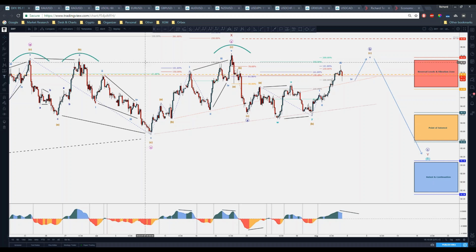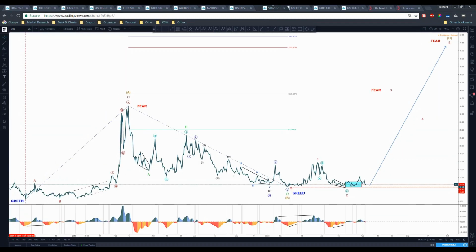But most importantly, I will explain in detail what could be expected, in my personal opinion, for the Dow Jones and the U.S. indices, due to the fact that I do see a possible spike in volatility coming, and I will actually show you guys further on. So yeah, let's just start with the volatility spike.